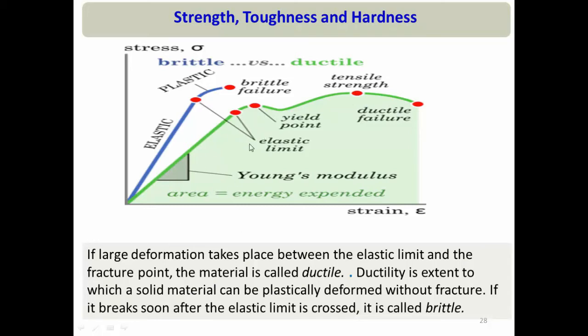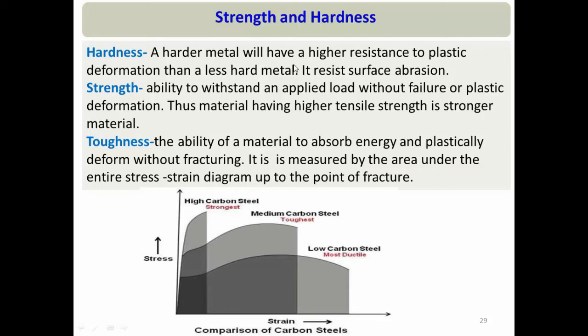But in general, if toughness is high, it means elasticity as well as plasticity, or rather elasticity as well as ductility, is high. Now if you take this material, the area under the curve is less, so the material will be less tough. Okay, so there are other two properties, namely strength and hardness, which are important.